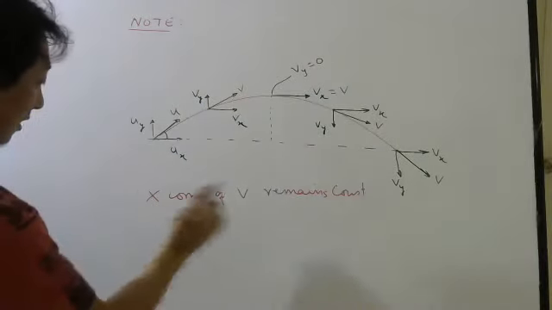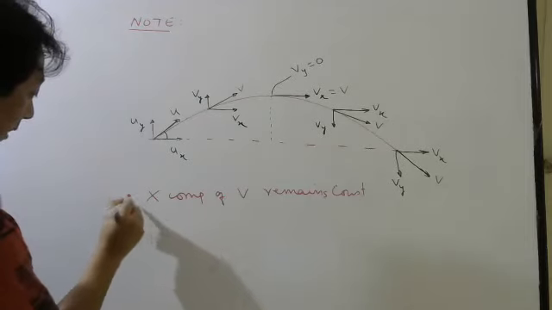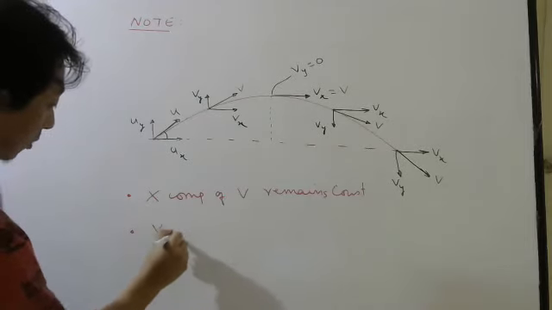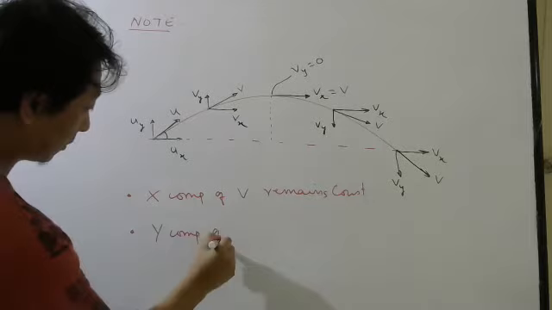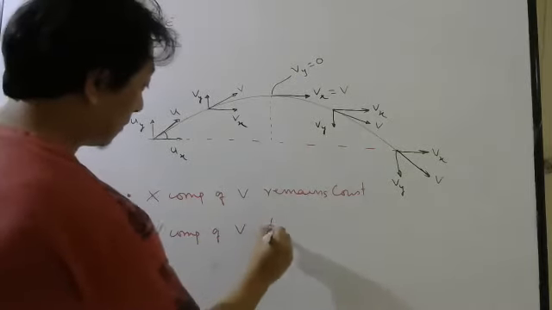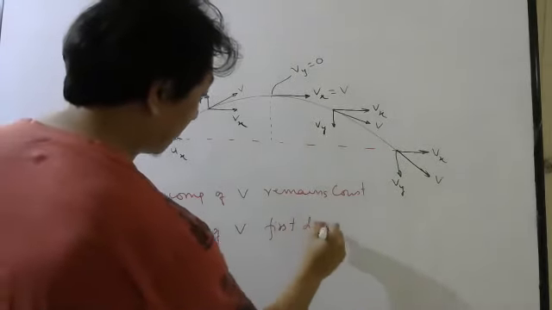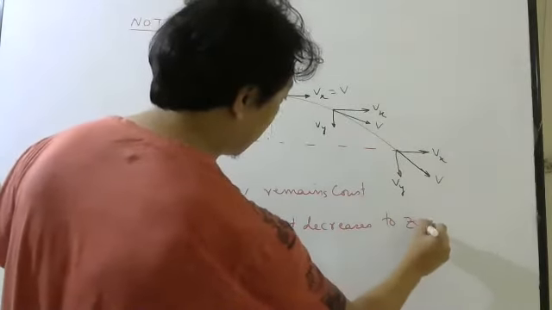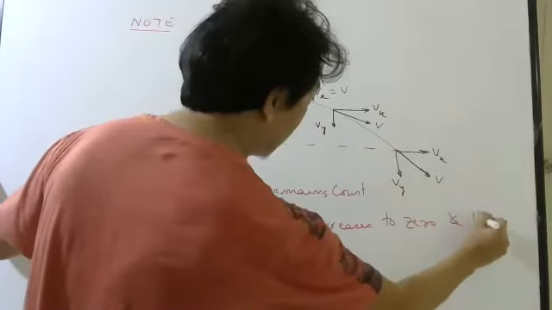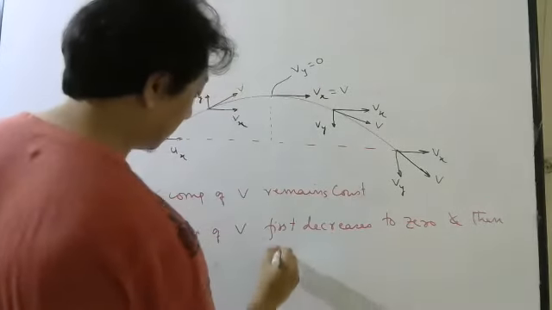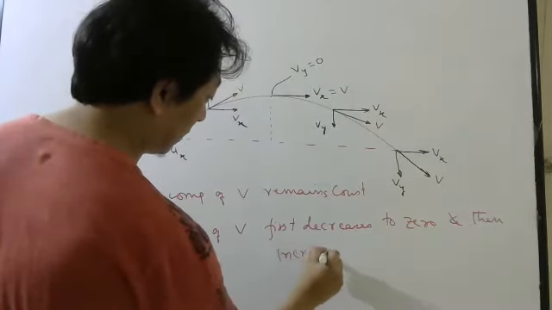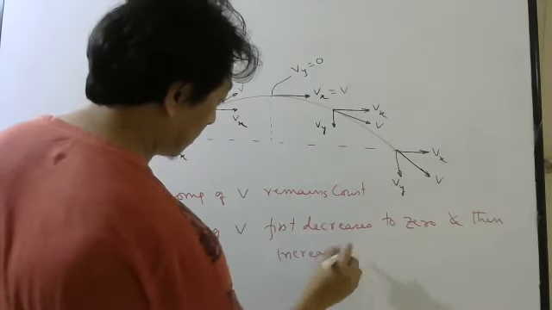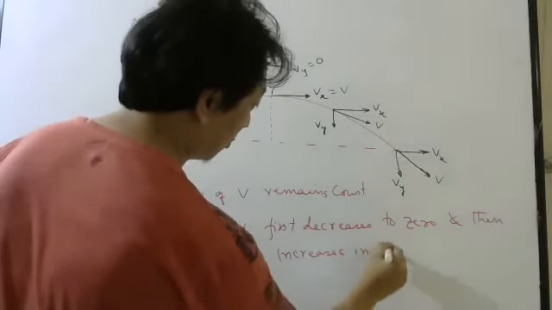And this is something very important. And the second thing is, the y component of velocity first decreases to 0 and then increases in the opposite direction.